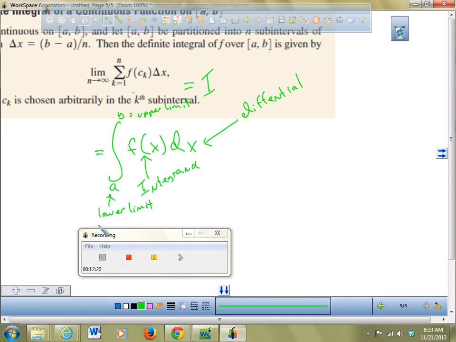Instead of the integral from a to b of f of x dx, they might ask you to find the integral from a to b of f of m dm, or they'll just use different variables in here, but don't be confused just because they do that.